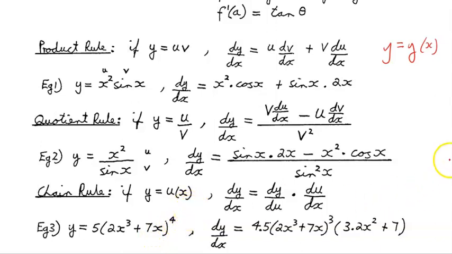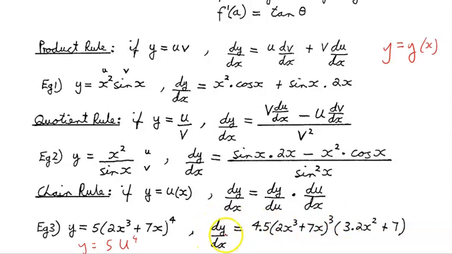What you could do is call that bit inside the parentheses u, and this would then become 5u to the power of 4. Then we just differentiate that, and this is where the chain rule comes in.